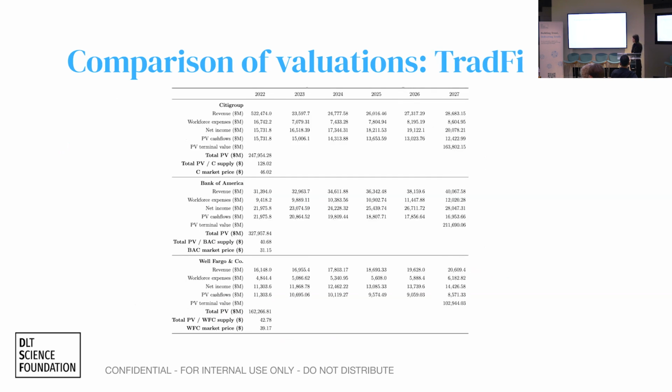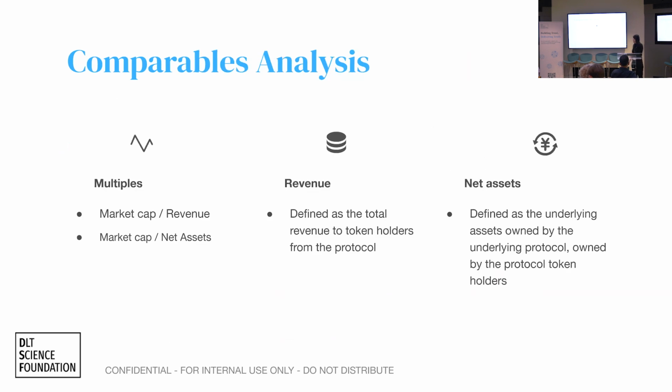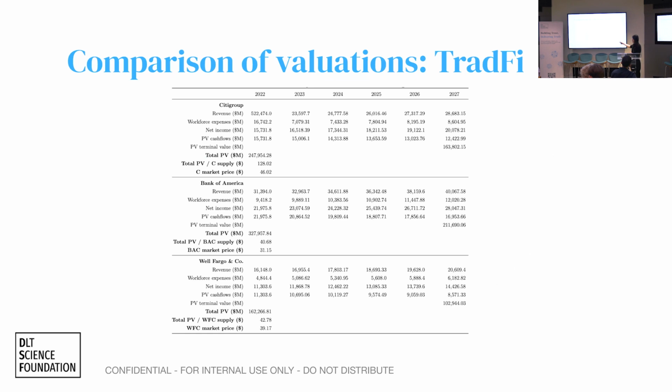But we did the same thing for traditional TradeFi companies, and for TradeFi the banks are not, in comparison, as crazily overvalued. It's the same as with Black-Scholes options: you can calculate implied volatility. I guess we can assume the market price is just the right price and ask what the implied growth rate is. This is something that's to be done. Thanks.